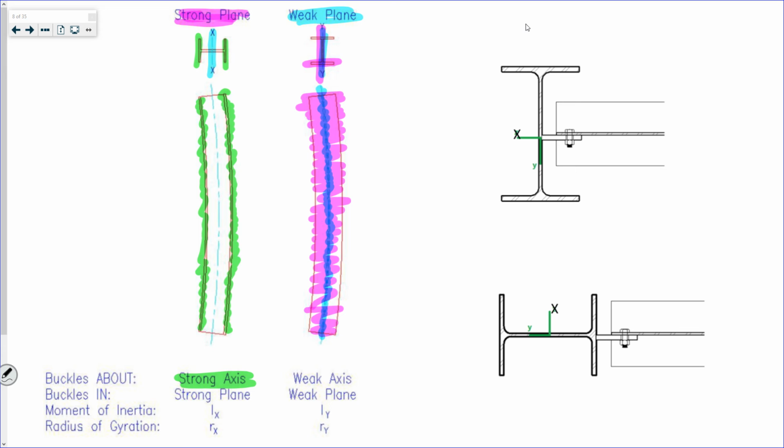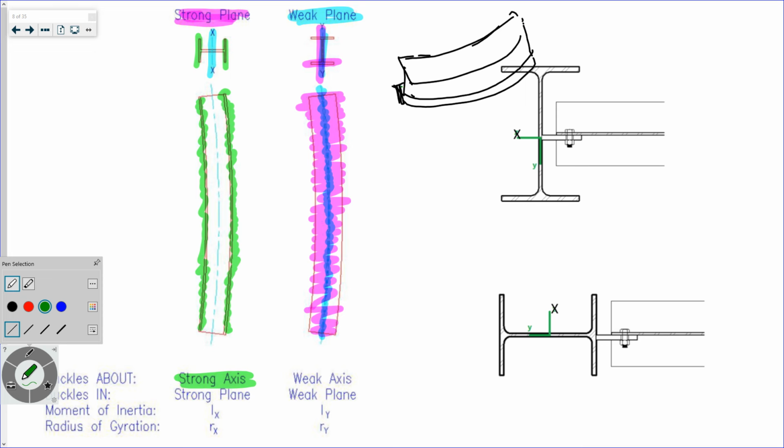Right, if this is my web, and then my flange is on top of it. It's kind of buckling about that y-axis. So if I put a brace, like let's say there's a brace here and a brace here, if I put a brace here, it would be perpendicular to the web.